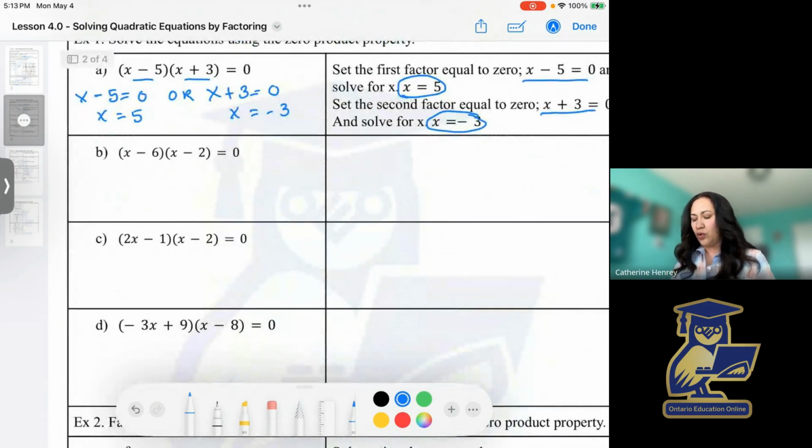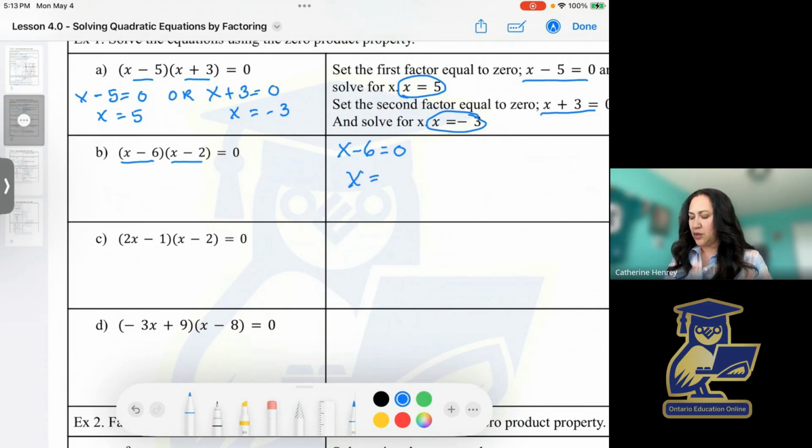Let's do that again, where we have one factor that is x minus 6 and a second factor that is x minus 2. And by the zero product property, we're going to take each of those factors and set them equal to 0. So we'll take the first factor, which is x minus 6, and set that equal to 0. And we'll solve for x.